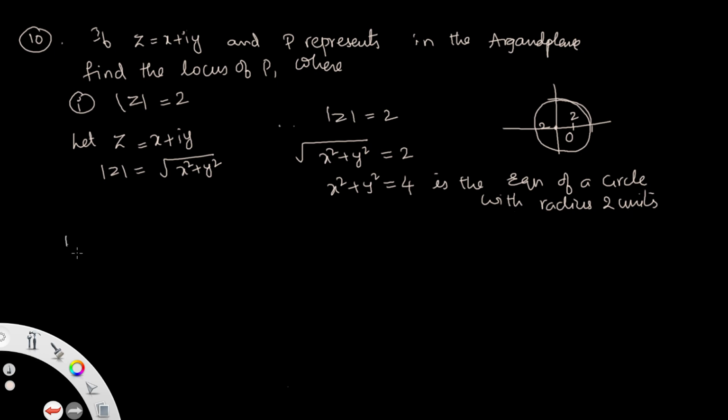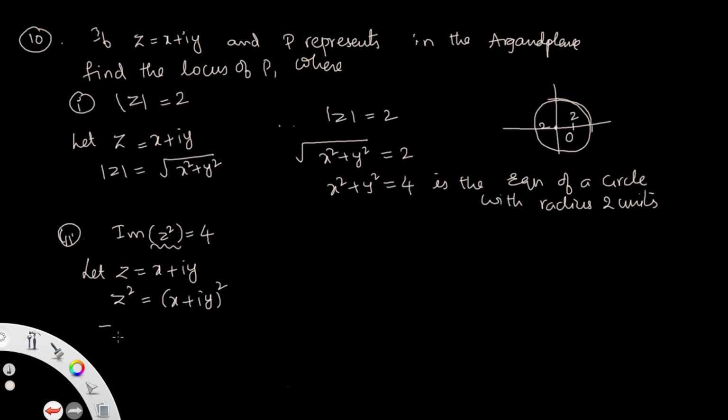Same thing for the second problem: imaginary part of z square equals 4. Let z equal x plus iy, then z square is x plus iy whole square.